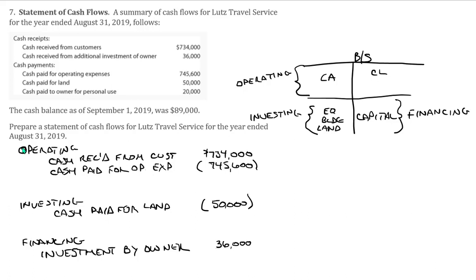And cash paid to the owner for personal use would be, let's just say, owner's withdrawal. The owner put 36,000 in, and the withdrawal is $20,000.